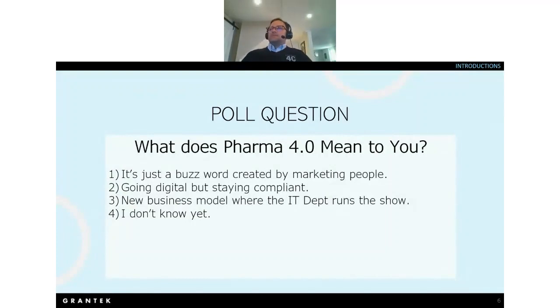Okay, looks like the top answer with 65% of folks who voted is going digital but staying compliant. So that's good. It looks like most people have a good bead on Pharma 4.0 and just what it means. So that's great news.